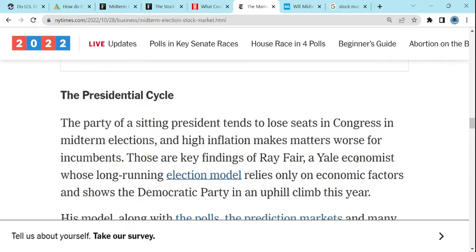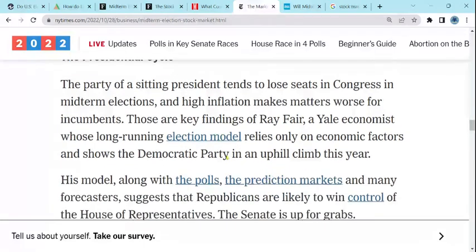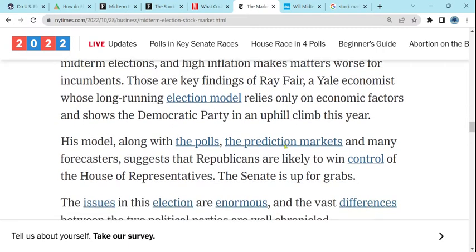Key findings: Yale economists built an election model, and again, I put the direct link to this article in the description box below, and you can dig into each of these linked articles as well. It relies on economic factors and shows the Democratic Party in an uphill climb.